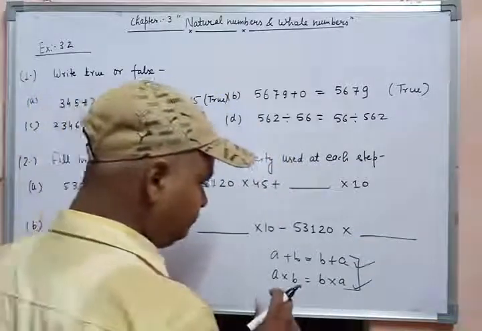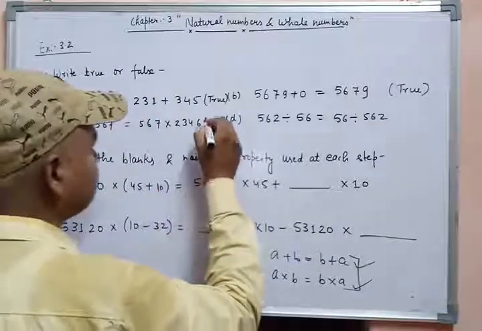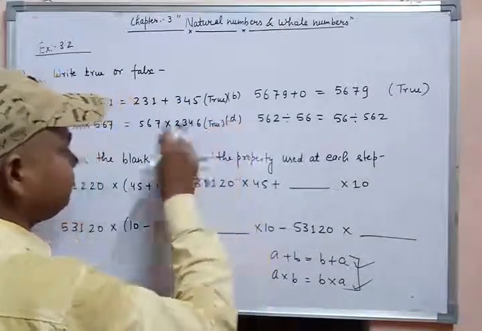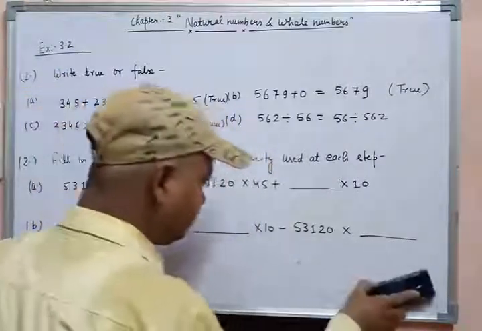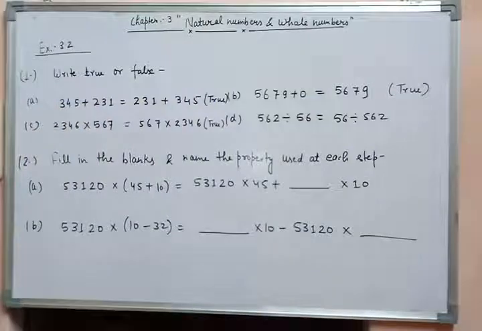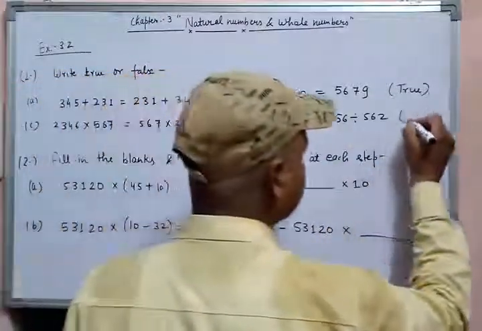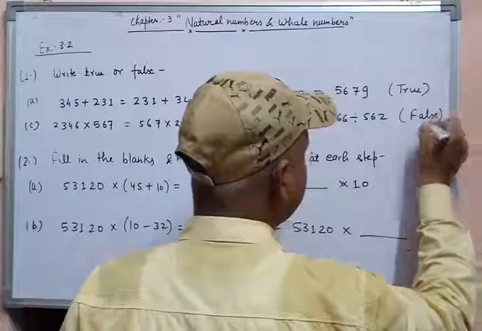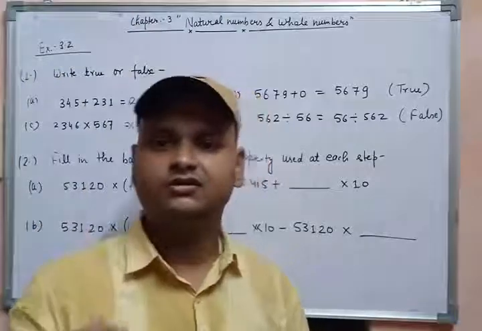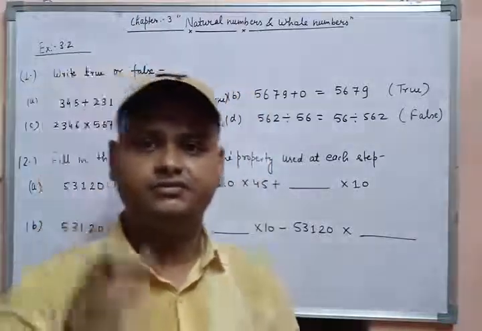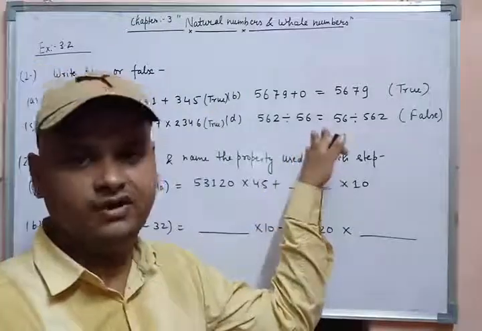So this question is also true. But this other statement is not true. It means this statement is false, because the commutative property does not hold for subtraction and division.